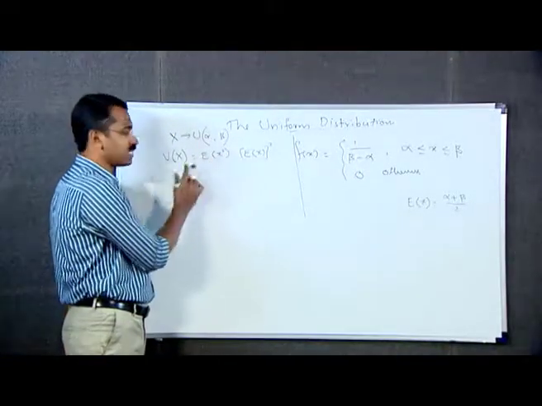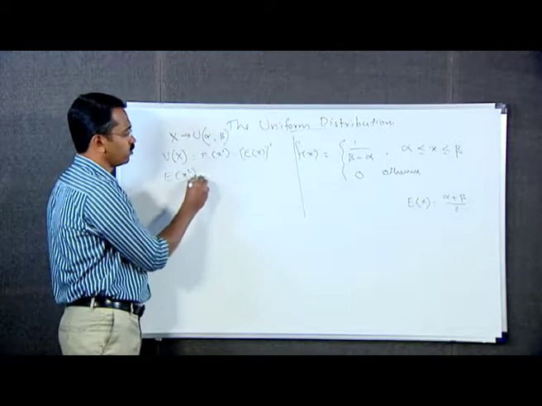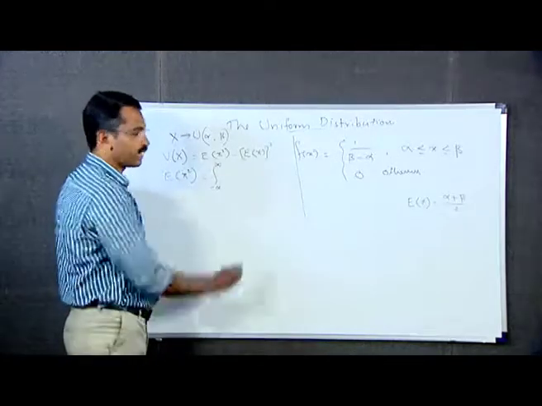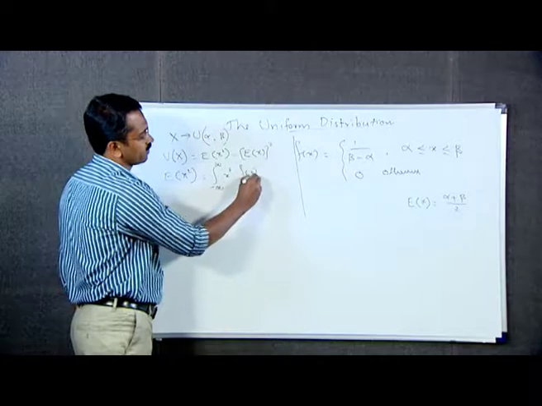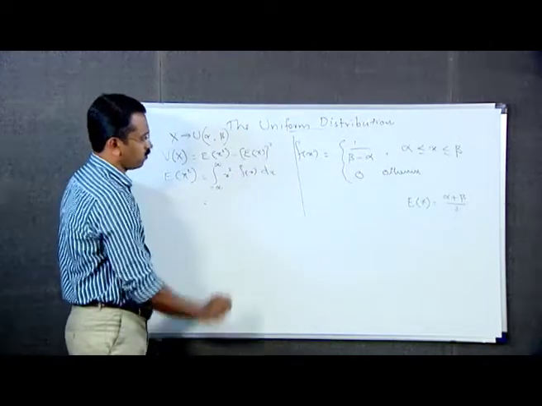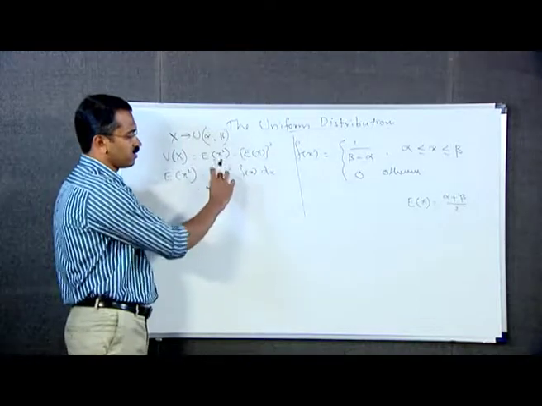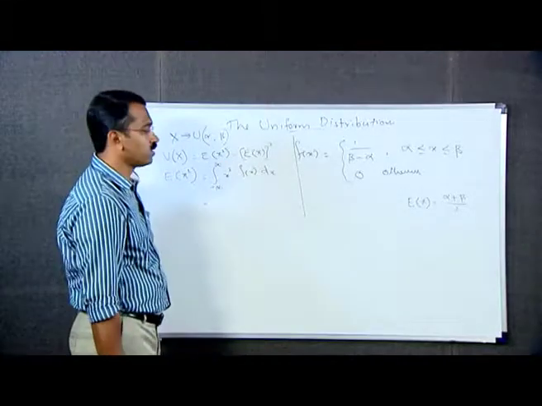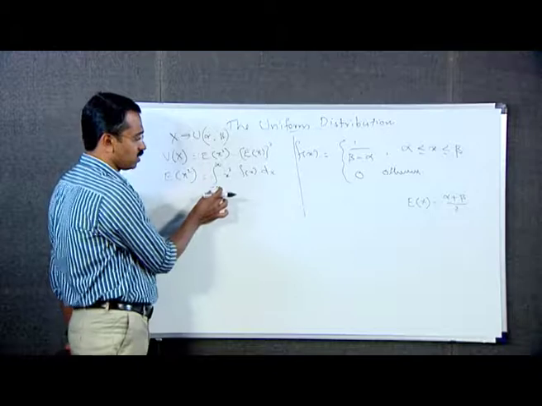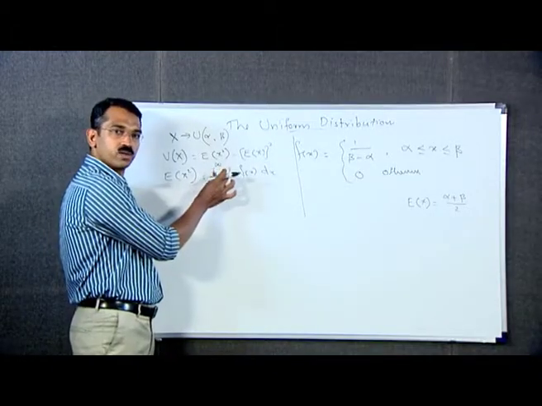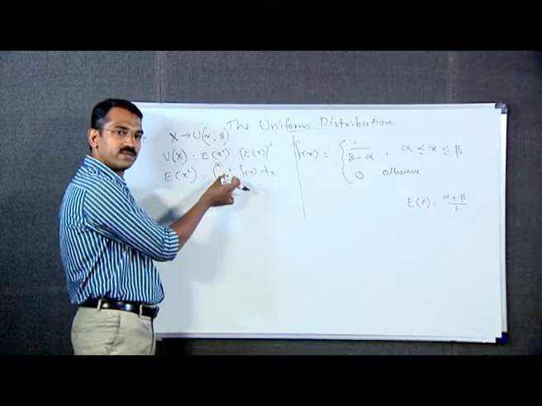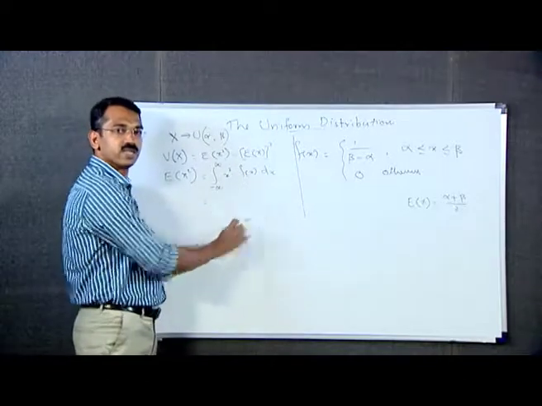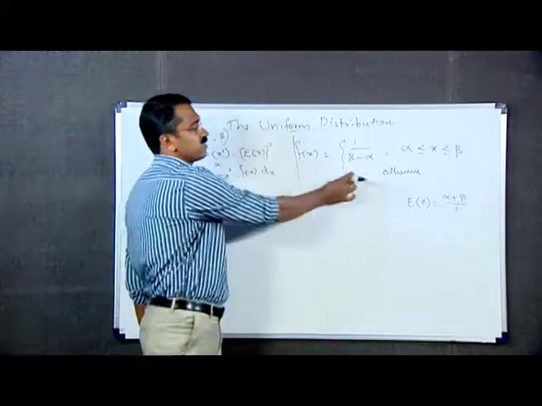By the definition of expectation, E of x square is equal to integral from minus infinity to infinity x square into f of x dx, which is equal to, we can split this limit of integration minus infinity to plus infinity into three parts. That is, one is from minus infinity to alpha, and alpha to beta, then beta to infinity. In the first and third case, the function is defined as 0.